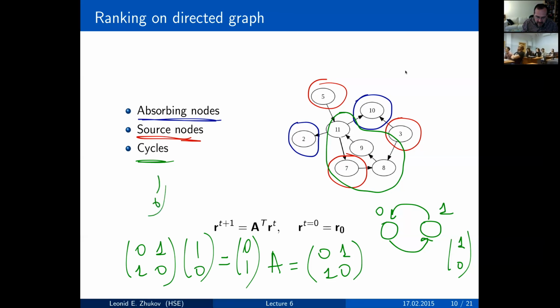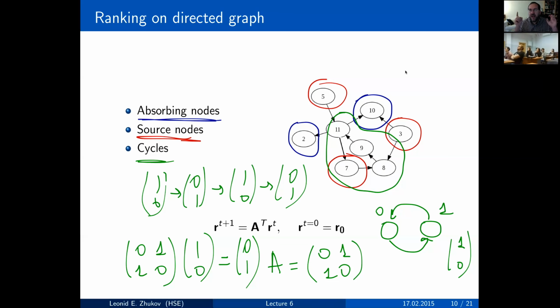So we're going to have iterating vectors 1, 0, 0, 1, 1, 0, 0, 1, etc. So this iterative process will never converge. The rank will go from one node to another node and then back, etc. So it will not converge to any stable configuration. That's why cycles are bad. If you want to do any iterative algorithm, you need your graph or connectivity pattern to be acyclic.